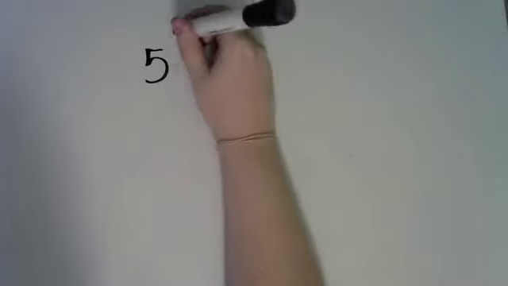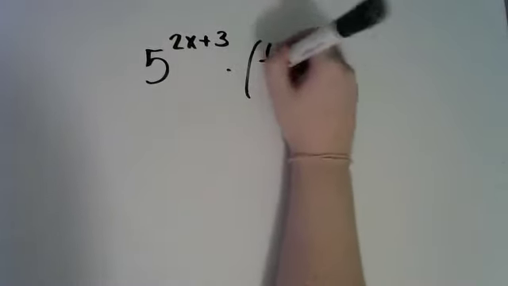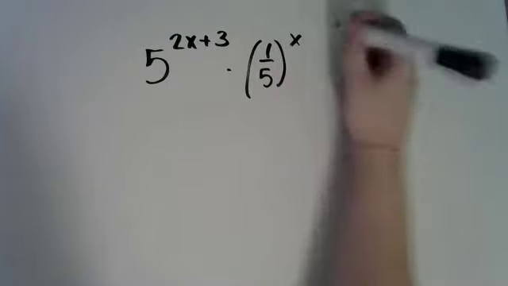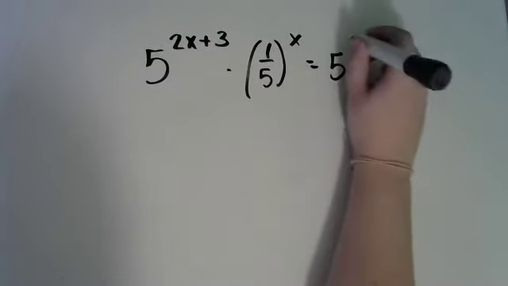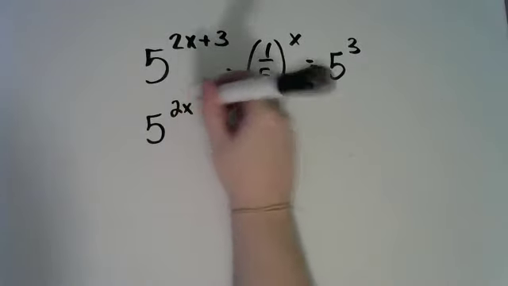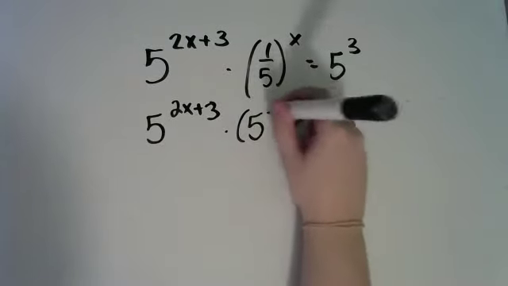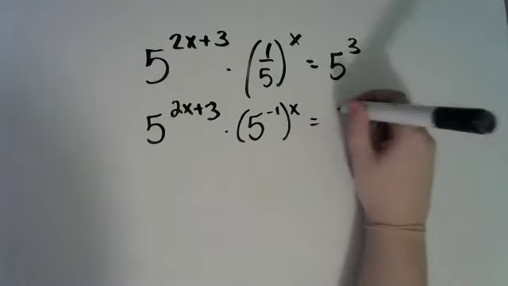Our last one has 5 to the 2x plus 3 times 1/5 to the x equals 5 cubed. So the base number is 5. Let's rewrite our 1/5 as its equivalent negative exponent.